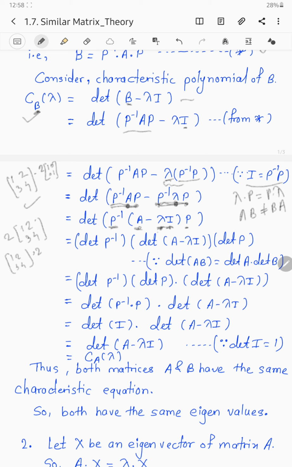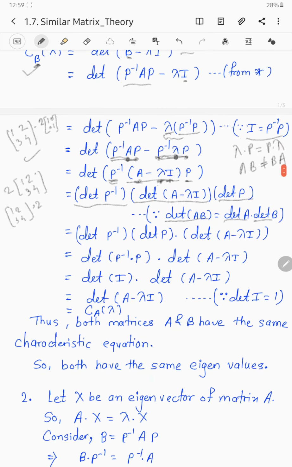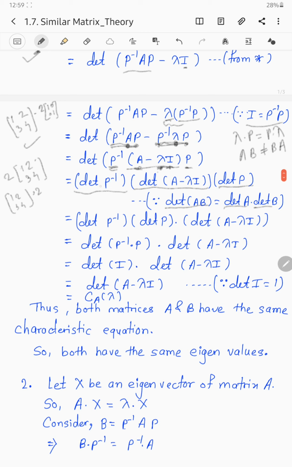Now as we know, the determinant of AB is nothing but determinant A into determinant B. So here are three matrices: P inverse, A minus lambda I, and P. So I get the determinant of P inverse, the determinant of A minus lambda I, and the determinant of P. Now as the determinant of any matrix is some scalar value, I can take any value anywhere.